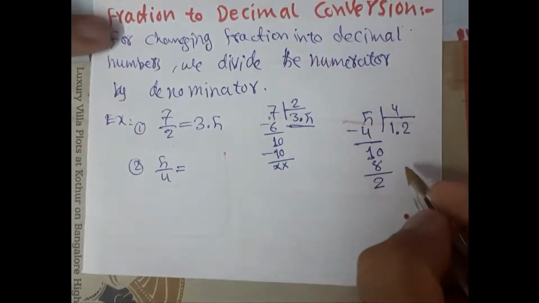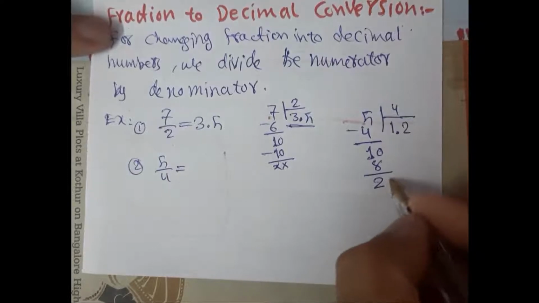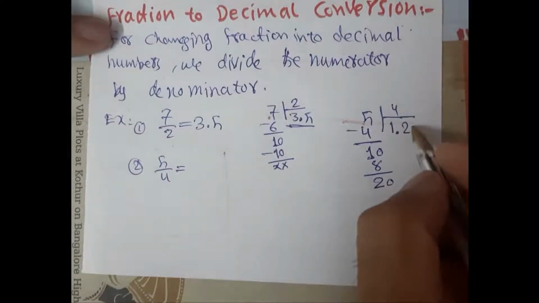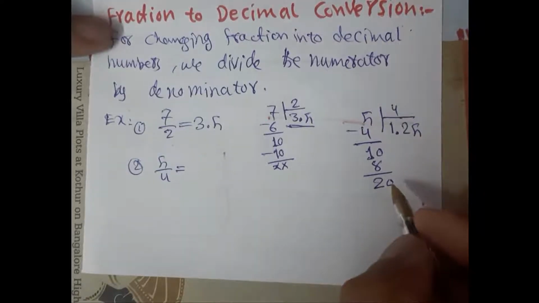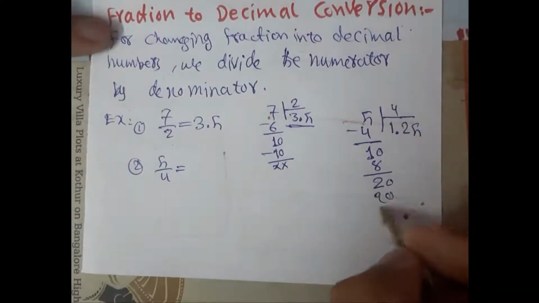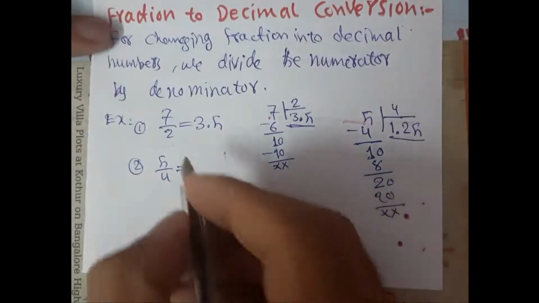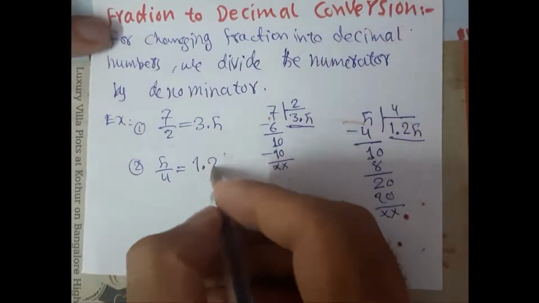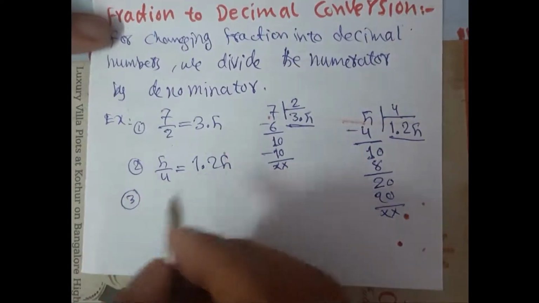Remainder is 2. 2 cannot be divided by 4. We put a 0. 20 divided by 4, 5 times. 5 multiplied by 4, 20. There is no remainder. So it is 1.25.